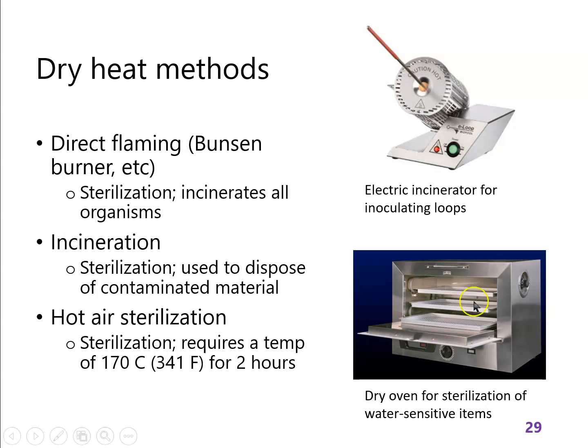But you could use this to sterilize metals that would be damaged by an autoclave, for example. But you would have to use much higher temperatures, like 170 Celsius, and much longer times, like 2 hours, compared to 120 Celsius and 15 minutes in an autoclave. But yeah, incineration using an actual fire will sterilize anything.